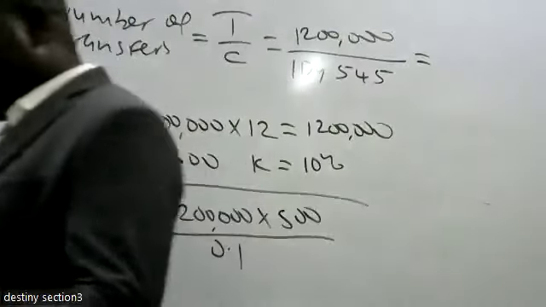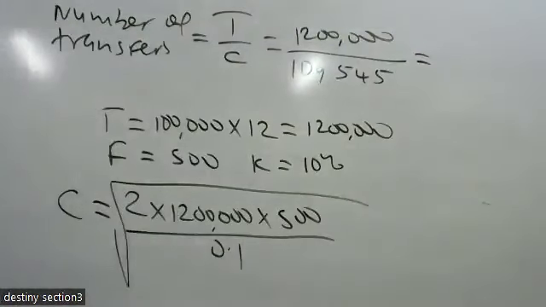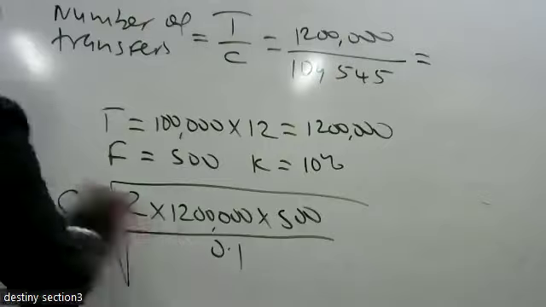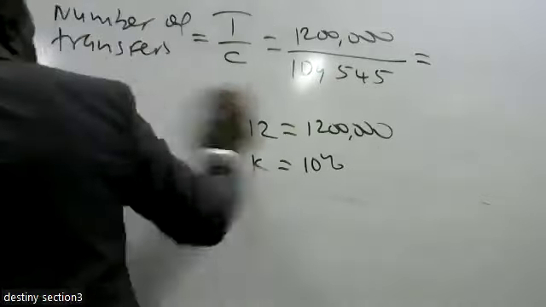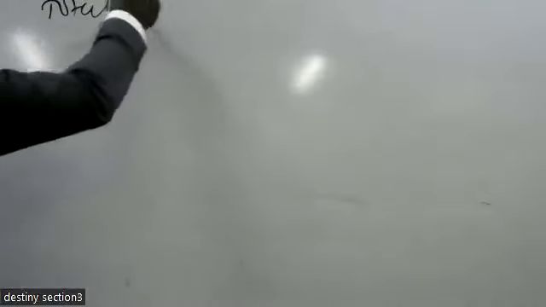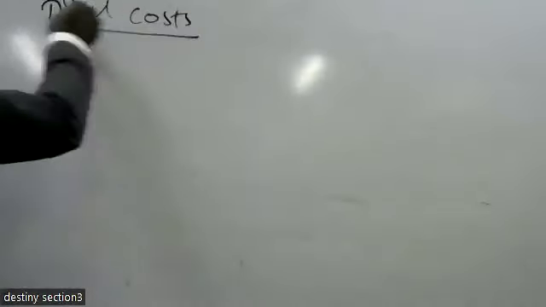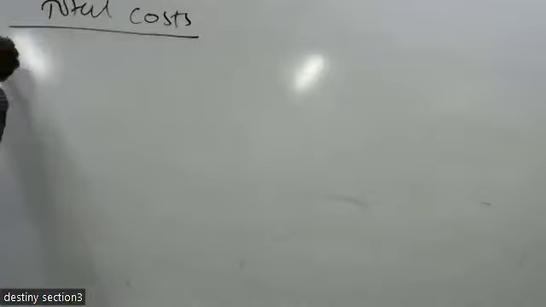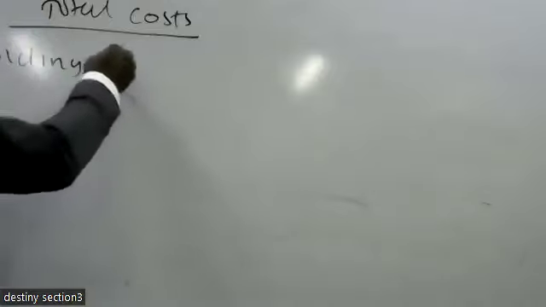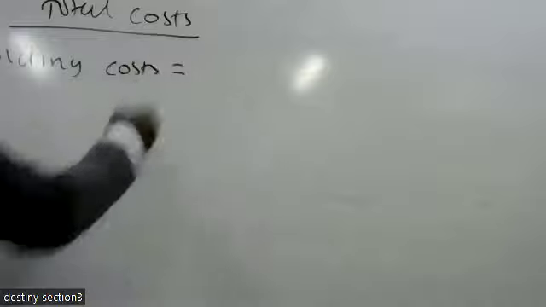So let us go to Roman letter 3, total cost of making the order. So you also now calculate the total cost. We start off with the holding cost.